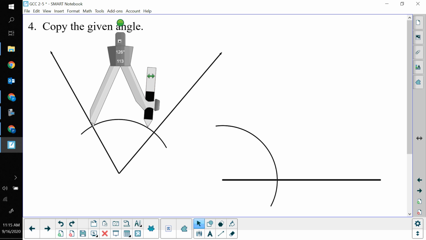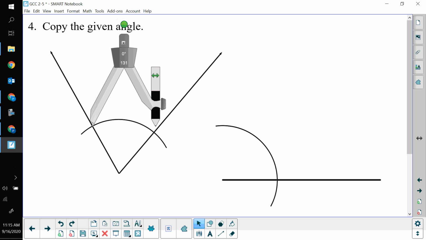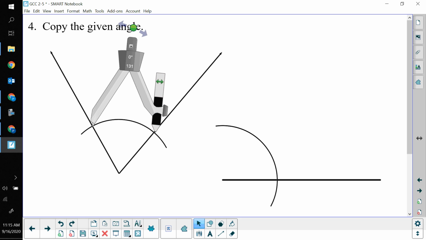Now we bring our compass back over and we have to set it so that it is the exact width of our intersections. And we want it to be exact.